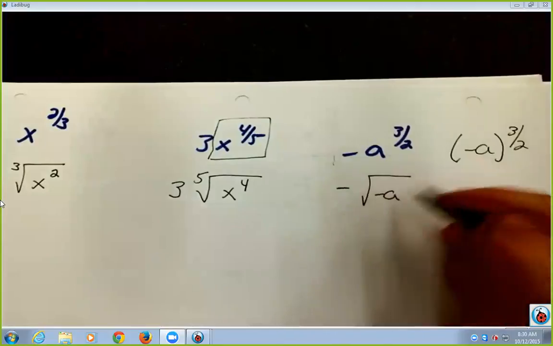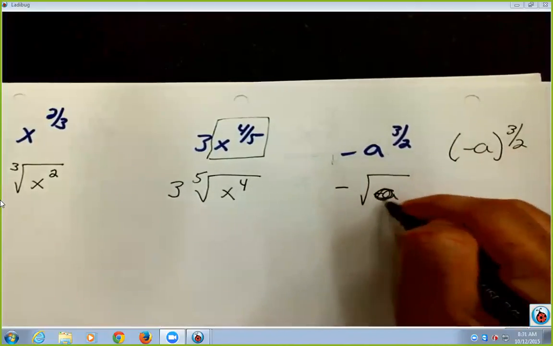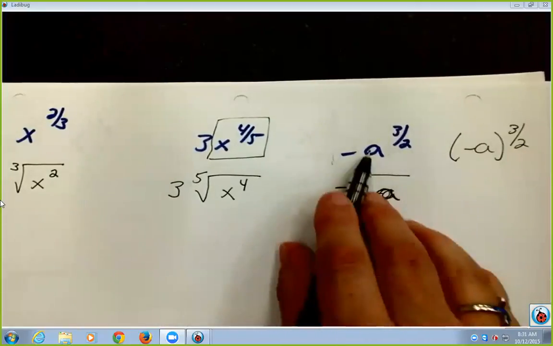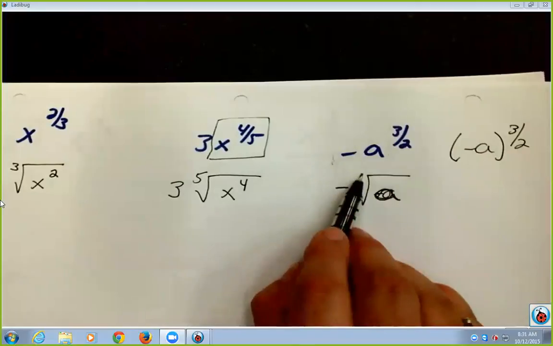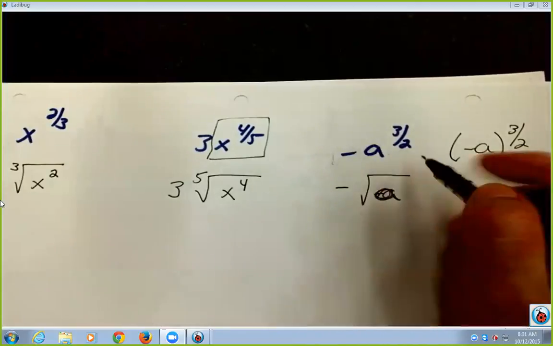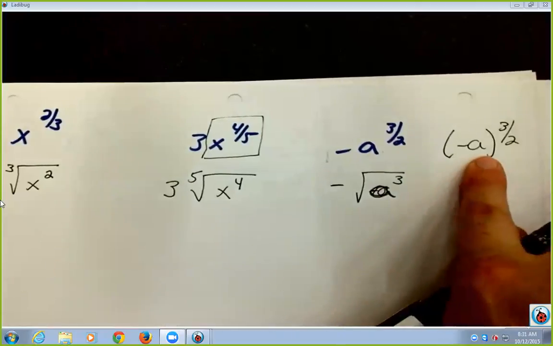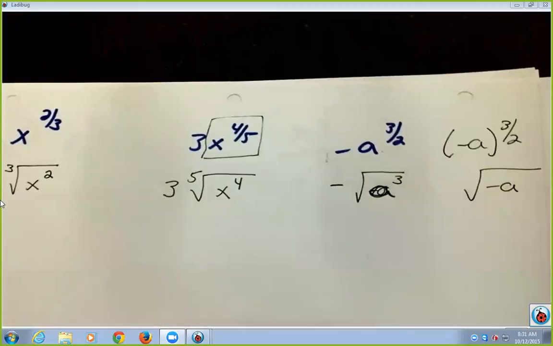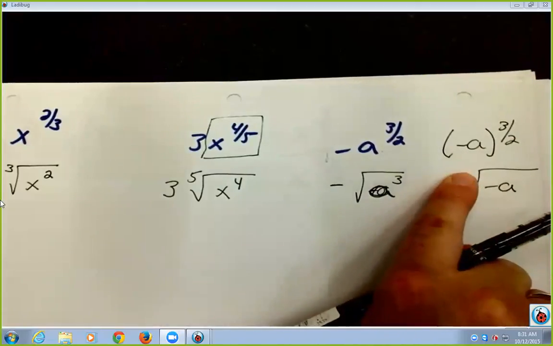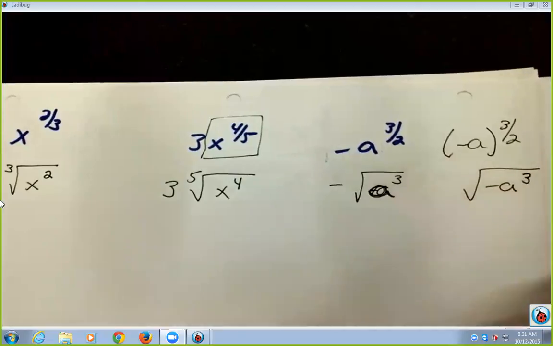So -a, no negative in front of here, it's just a. A is my base, that's my radicand. 2 is my index, and 3 is my exponent outside. If it were inside of parentheses, then it would have been a -a square root of 2 index, or value of 3 on the opposite side.